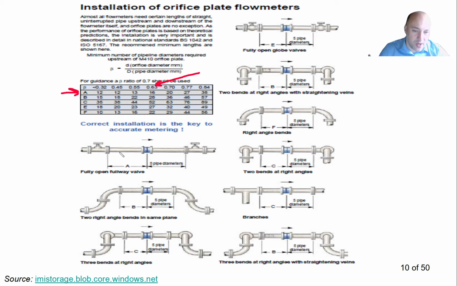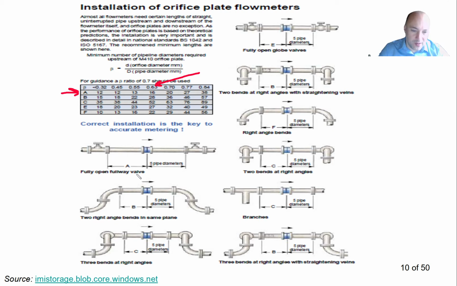So it might be quite a problem to find a straight section that is not interrupted, and that in the upstream and downstream directions has the correct distance. For all the other cases, we can see that it gets even worse. The case where we have the fully open full way valve is the easiest to solve.